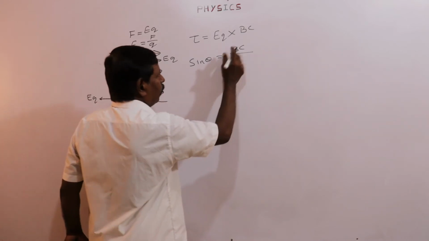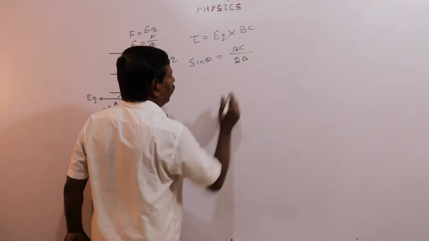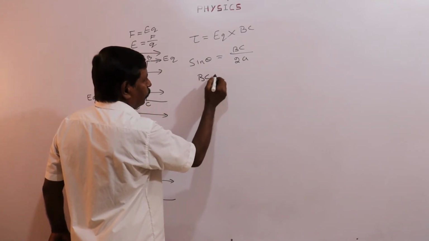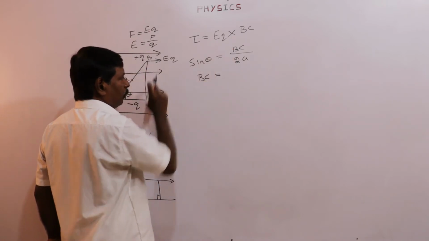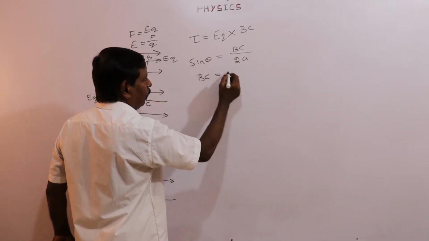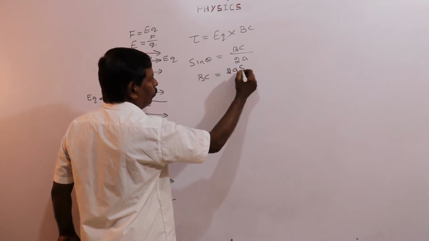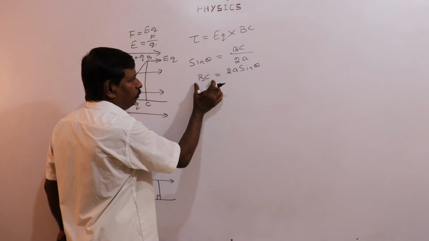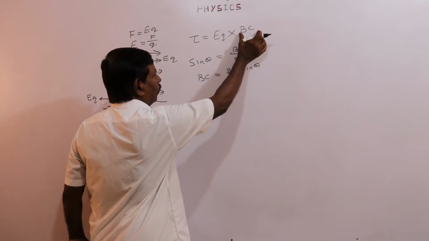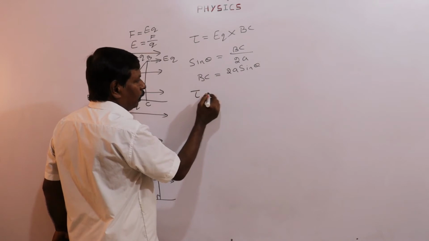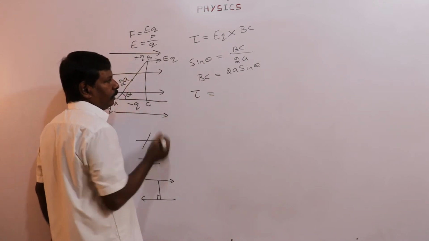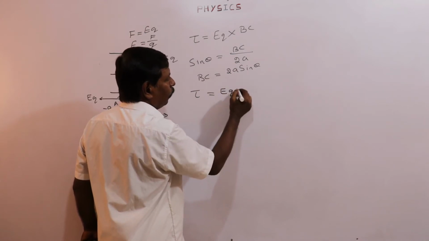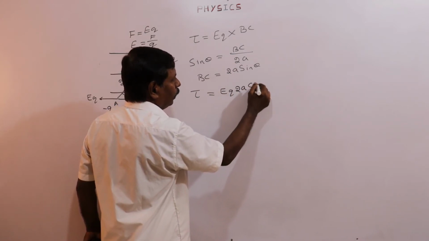So sin theta is equal to the opposite side by 2a. Therefore the perpendicular distance BC is equal to 2a sin theta. Substituting BC equal to 2a sin theta, the torque experienced by the electric dipole is EQ into 2a sin theta.